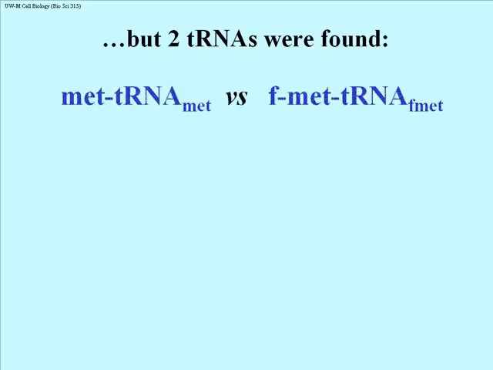They were met tRNA sub-met, meaning they were found with methionine on them, so they were methionyl tRNA sub-methionine, meaning the tRNA for a methionine. And then there was one with a methionine on it that had an organic group on it, a formyl group, F-O-R-M-Y-L, which was part of the methionine.